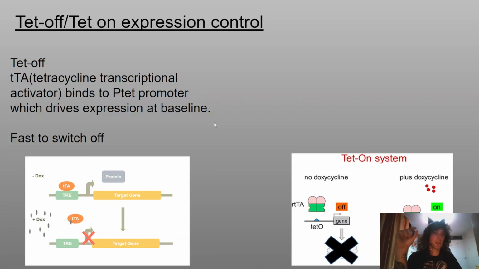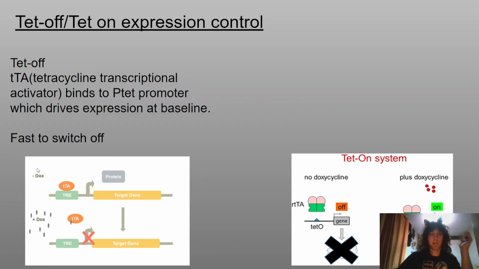So in its natural state, TET-off drives transcription, therefore drives expression of your gene. But as soon as we add DOX, which is a tetracycline analog, the reason we use DOX is just more stable, this inactivates this activator. It's a funny way, inactivating the activator. And so this immediately turns off transcription of our target gene.